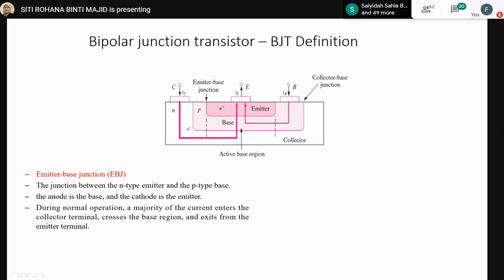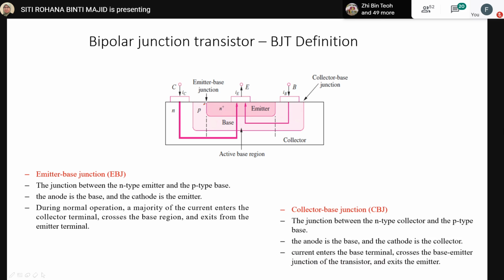A majority of current will enter the collector terminal across the base region, originating from the emitter terminal. So for the emitter base junction, actually it is an NP junction, for this configuration.